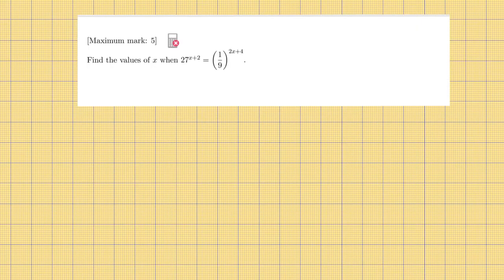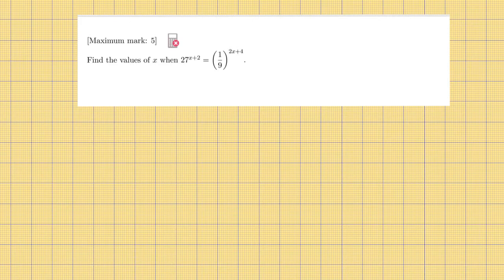So this is a typical IB exam question. Find the values of x when 27 raised to the power of x plus 2 equals 1/9 raised to the power of 2x plus 4.